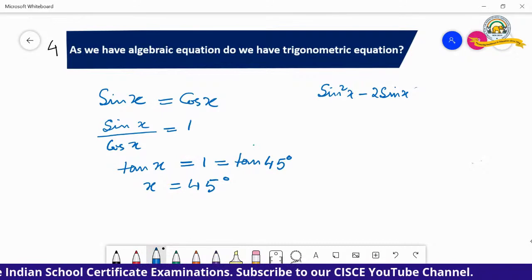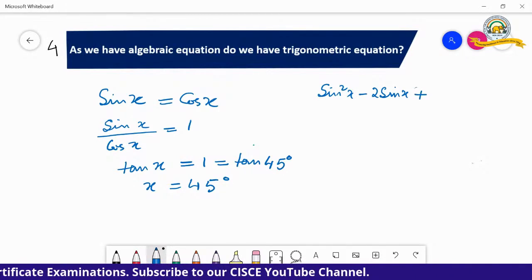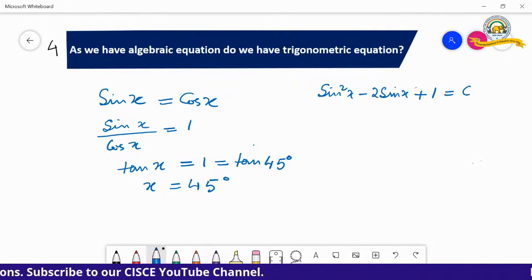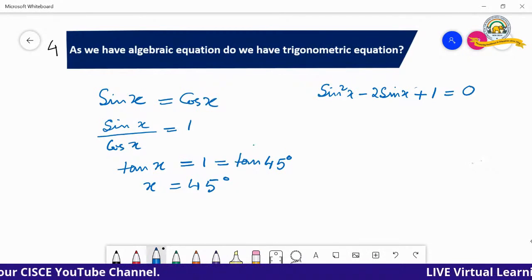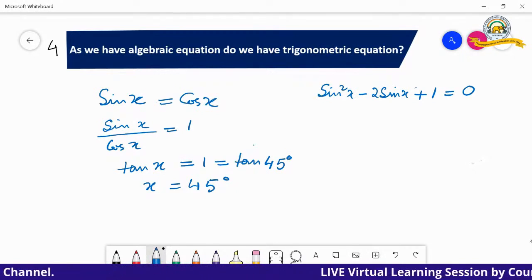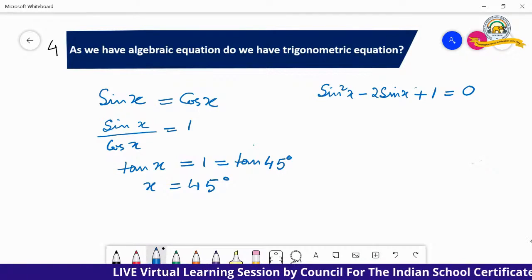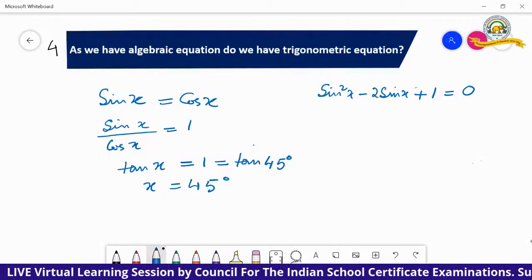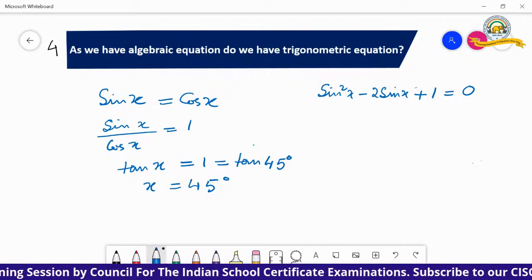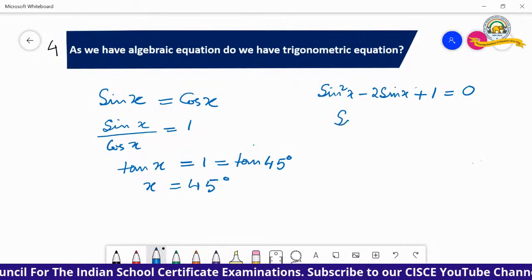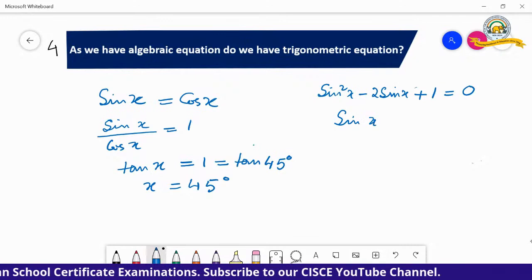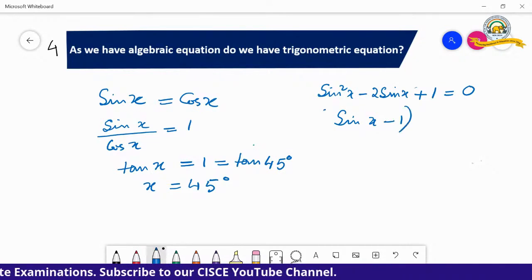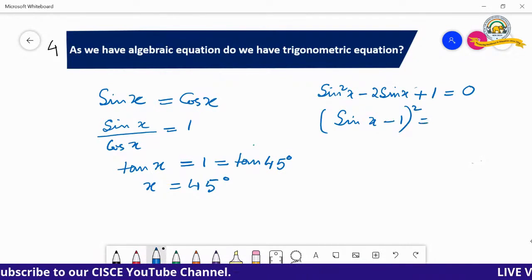So minus 2 sin x, let us write plus 1 equal to 0. I've taken this in this form because I've already done this with cos. Sin²x minus 2 sin x plus 1. So you're familiar, a² minus 2ab plus 1. So that is (sin x minus 1)² equal to 0.